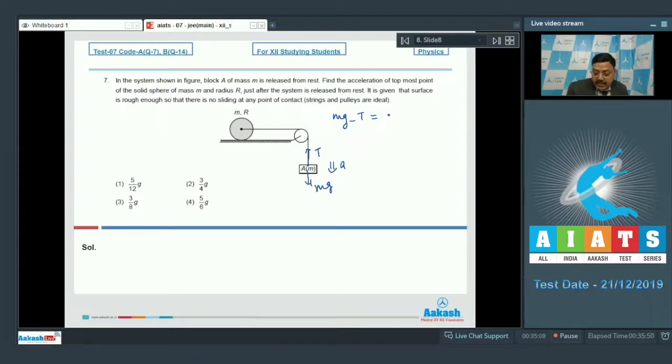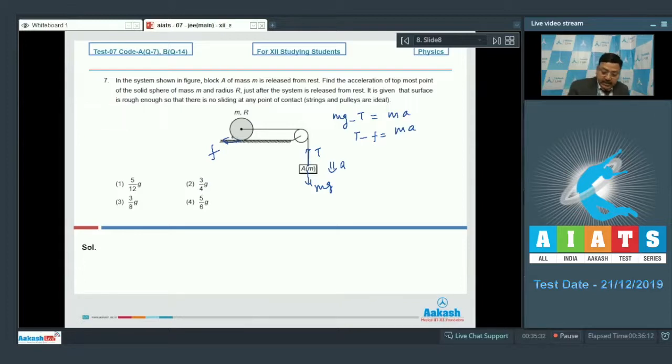So mg minus T is ma, and for the sphere, let's say there is friction acting in the backward direction. So for the sphere, the equation is T minus friction is ma, because the center will have acceleration a only and it also has mass m.